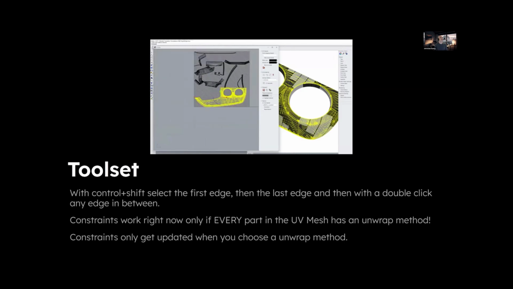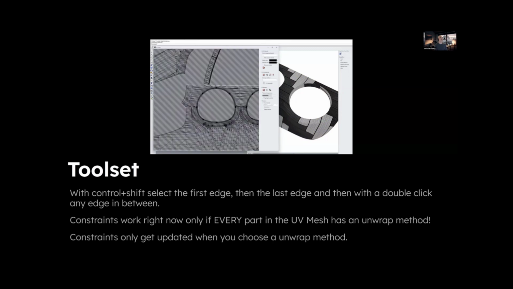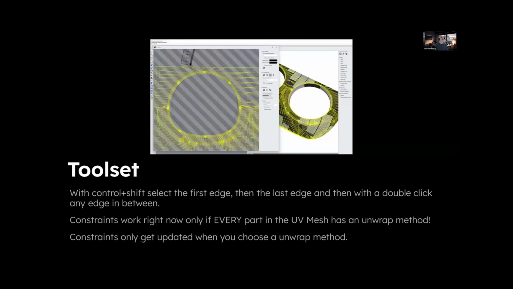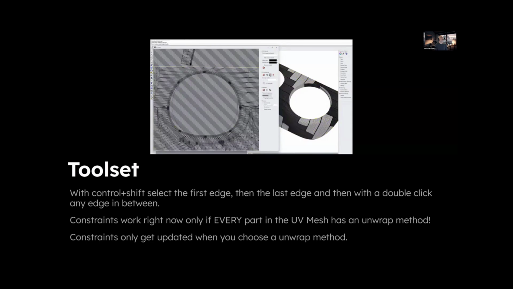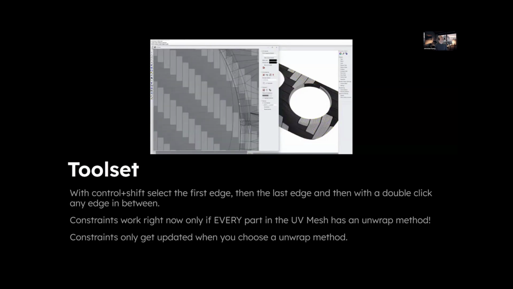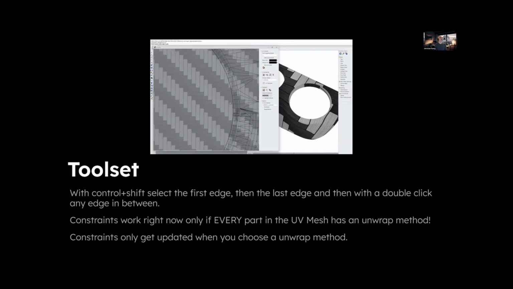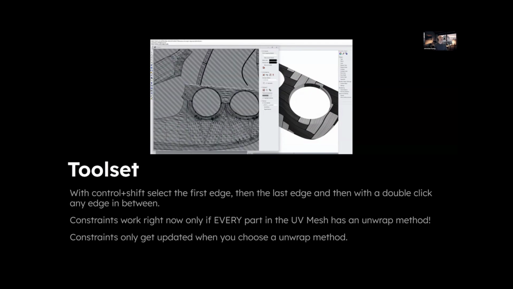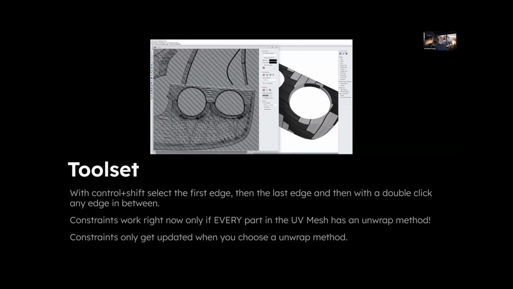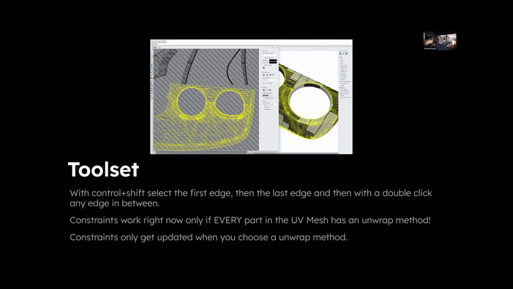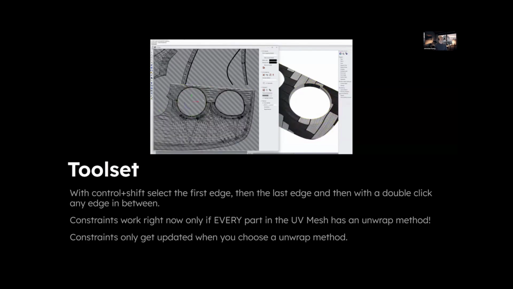So what you see here, I cannot use the constraint tools unless I update the unwrap method for all UV islands, so that I can go on and use, for example, the path tool here to provide a path for my UV mesh. So this helps a lot to get the constraints working again.